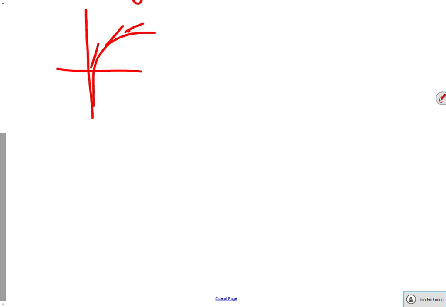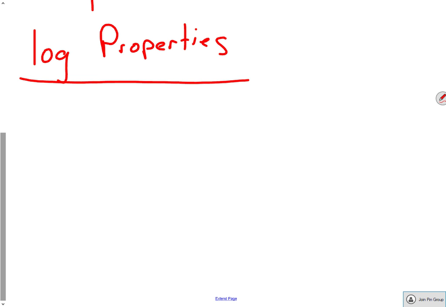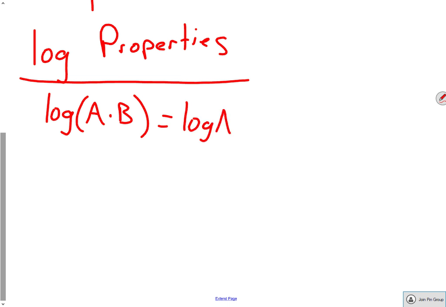Sure. So let's quickly review log properties. So let's say you have the log of something, and they're being multiplied together. You can actually write them out like this: log a plus log b.